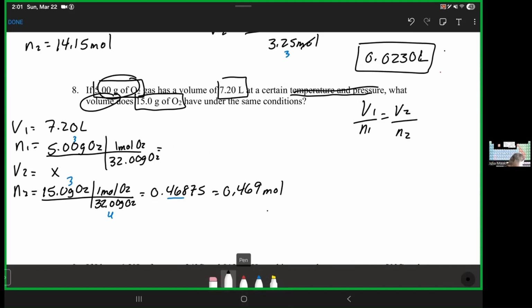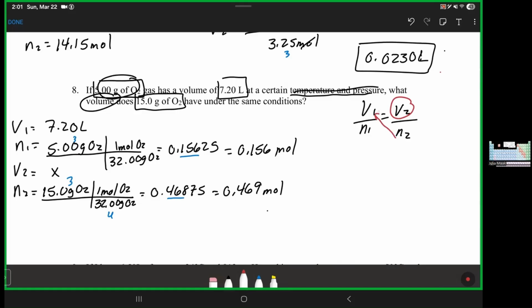So that one comes out to be 0.15625. And I have 3 sig figs, so 3. So I'm going to go with 0.156 moles there.